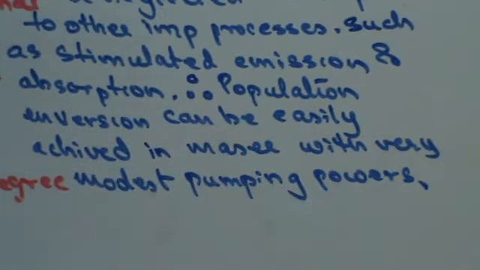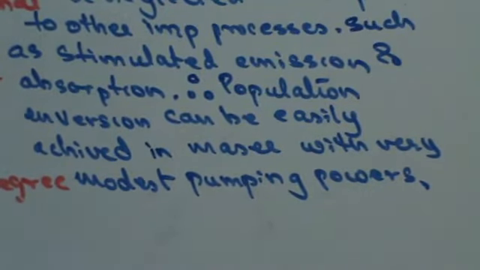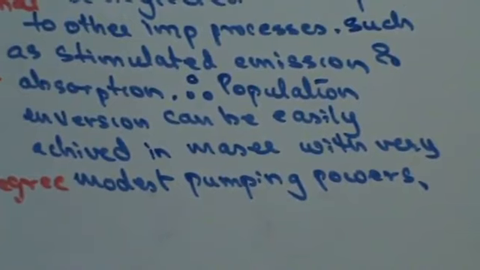Fine, do we get this thing here? So do we understand what is a maser? Now the whole process is going to be the same as laser, except that the frequency is going to be low, right?